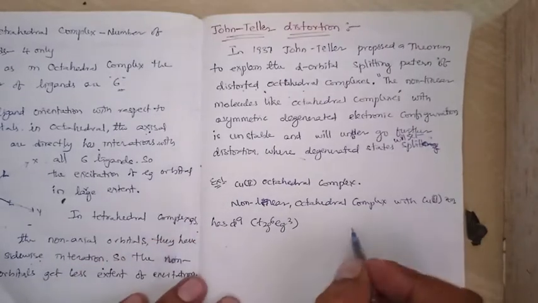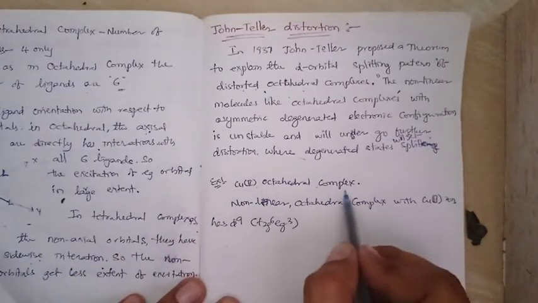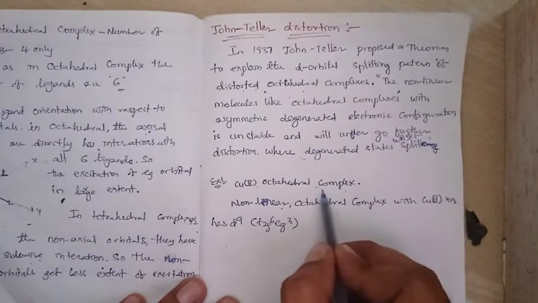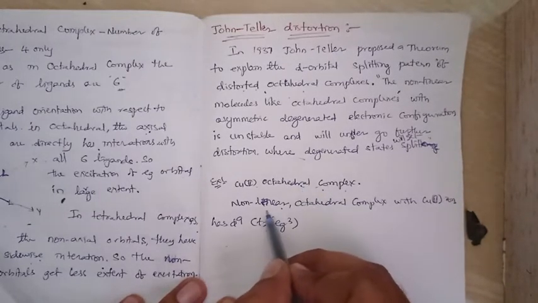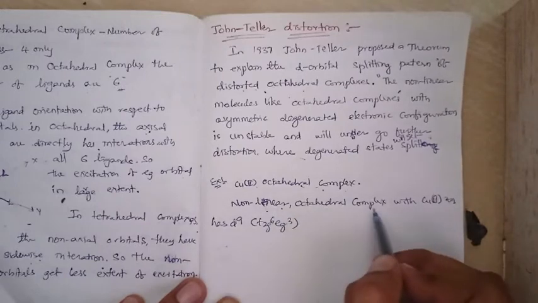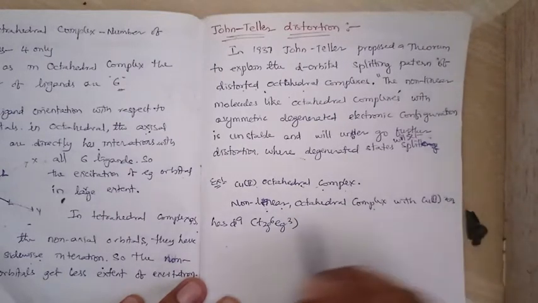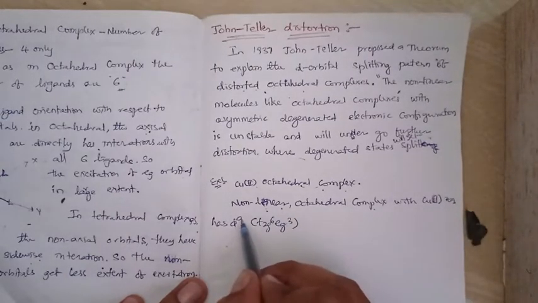The copper(II) octahedral complex is a non-linear complex; as we consider octahedral, it is non-linear. So a non-linear octahedral complex with copper(II) has d9.